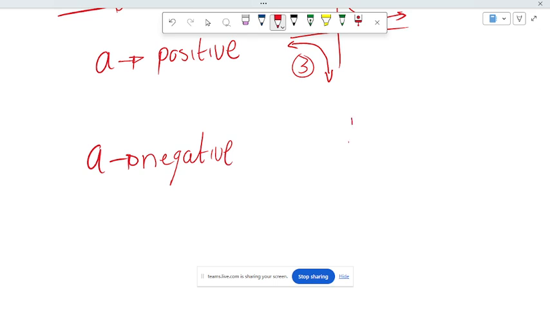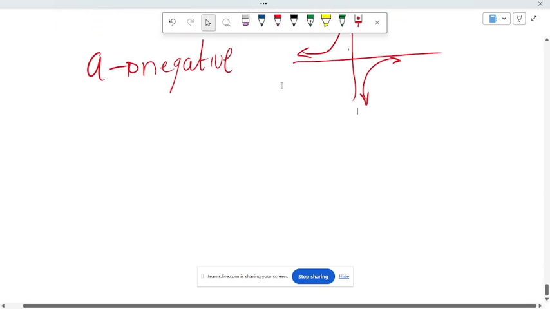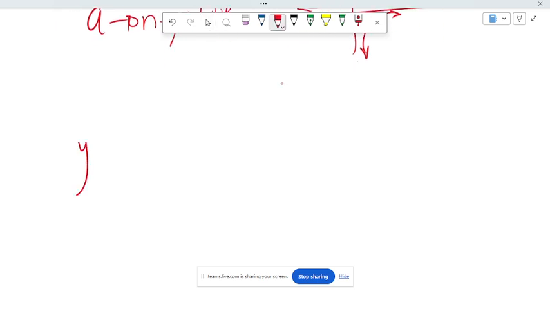the graph will lie on the second and fourth quadrant, just like this, right? So if I said sketch something like this, you know the value for A, it's negative.